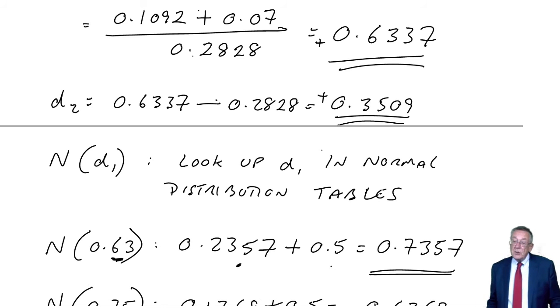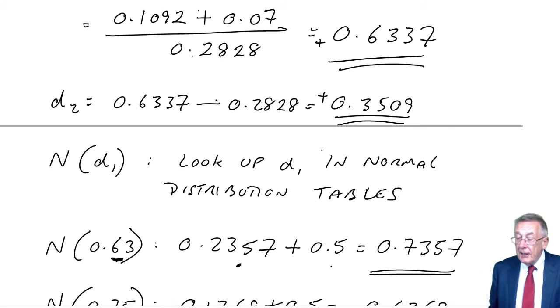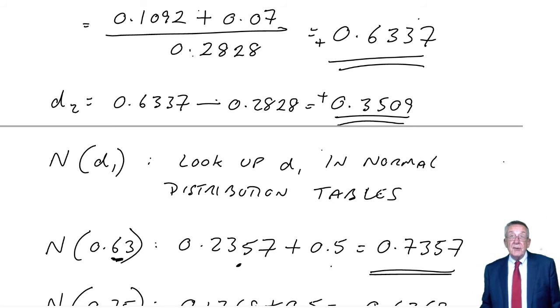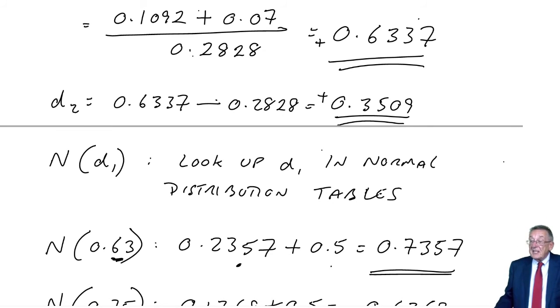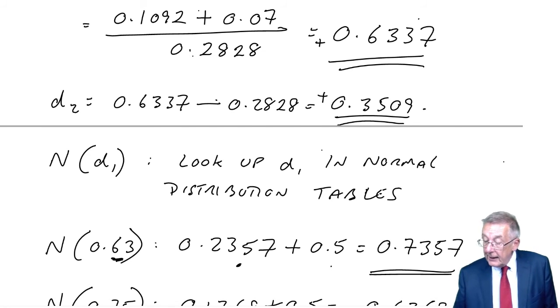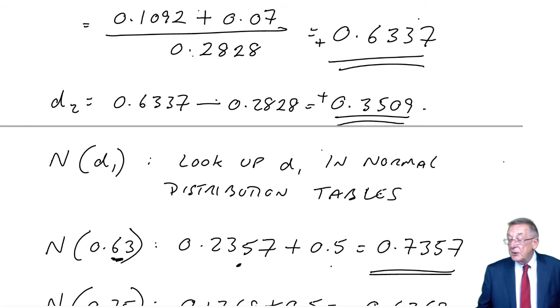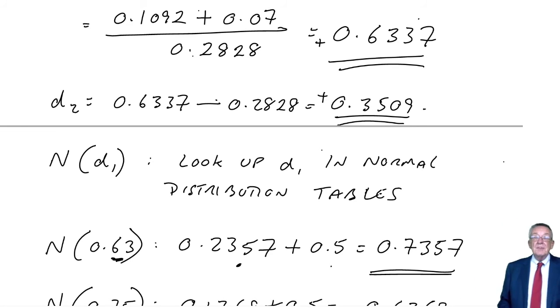Well, fine, there's no need to in the exam, there really isn't. If you want to approximate between 0.63 and 0.64, all right, it's slightly different obviously, by all means do. Similarly here, it's about a tenth of the way towards 0.36, so you could approximate between the answers, but I'm not interested.